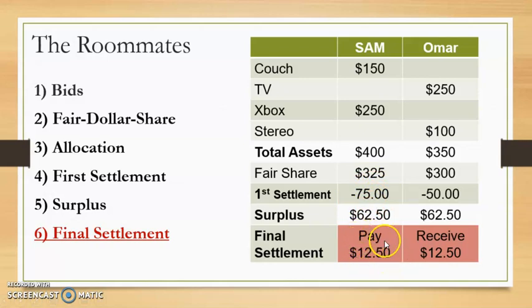He just pays a significantly lesser amount. Omar, on the other hand, was only paying $50 originally. So when he receives his surplus of $62.50, which is actually more than what he was originally paying, he's going to end up receiving $12.50 because the amount he was originally paying is still being subtracted from the surplus, but the surplus is more, so that means he's going to end up receiving in the end.